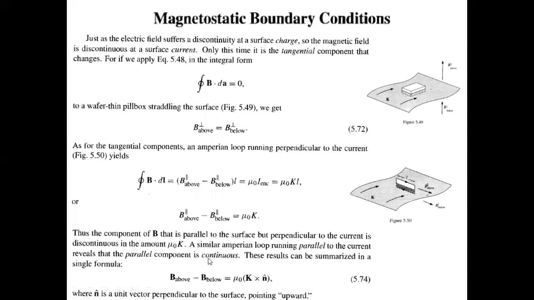And in general, we can summarize these: the discontinuity of the magnetic field across this surface can be expressed by mu 0 K cross n. Here n is basically a unit vector perpendicular to the surface, pointing upwards.